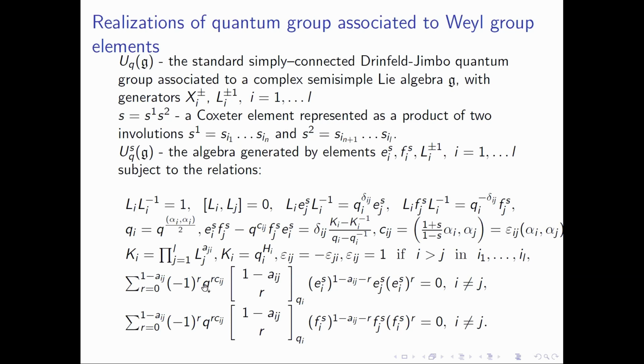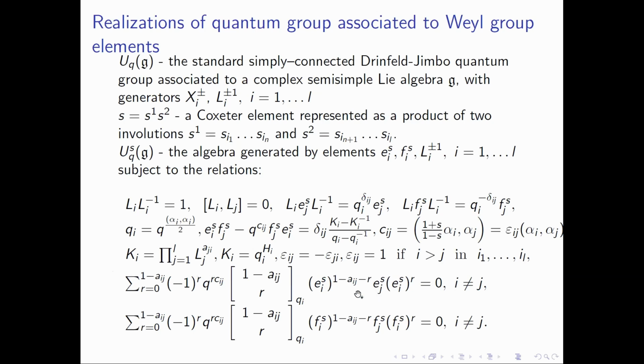But I would like to point out one important property. Here, the L_i's are, roughly speaking, q to the power of the simple coroot generators in the Cartan algebra, and these E_j's and F_j's play the role of simple positive and negative root vectors.